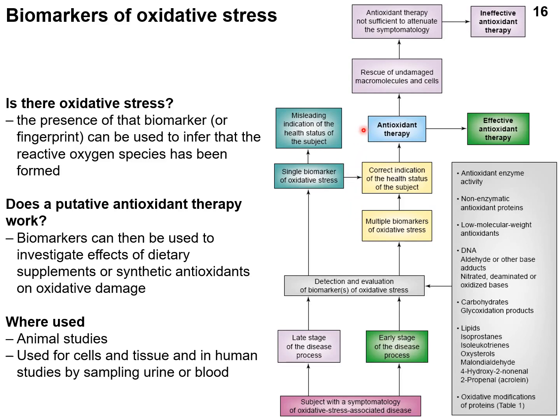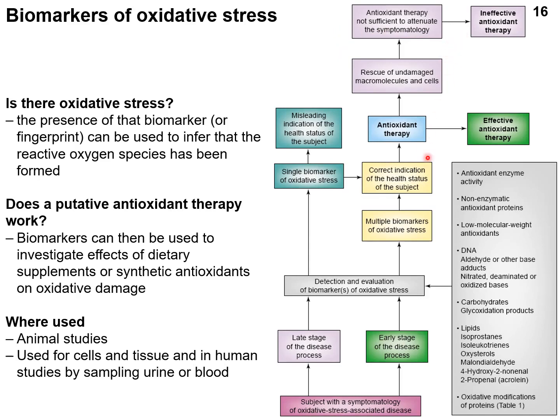You then give your subjects the particular antioxidants that you're interested in. That antioxidant may be effective. So in other words, you've got an effective antioxidant therapy. The antioxidant therapy might rescue and prevent damage to macromolecules in cells, but dosing then becomes an issue, and if there's not sufficient dosing, then you're going to end up with an ineffective antioxidant therapy.